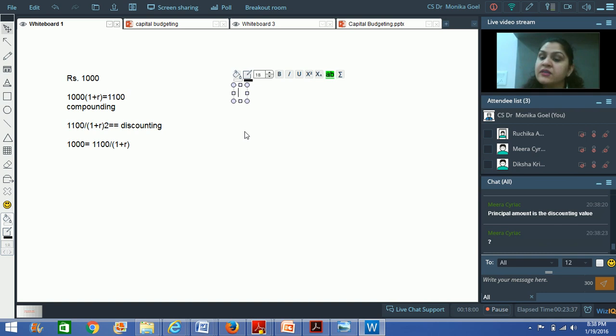There is no term called discounting value. You have a discounting rate or a discounted amount. By applying the discounting rate, what you get is the discounted amount. I think you're talking about the discounted amount here.